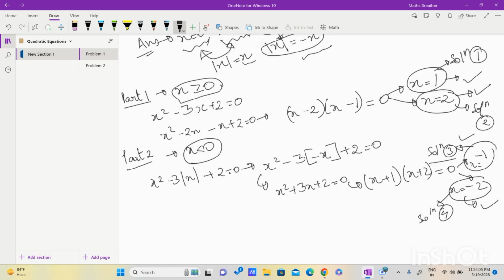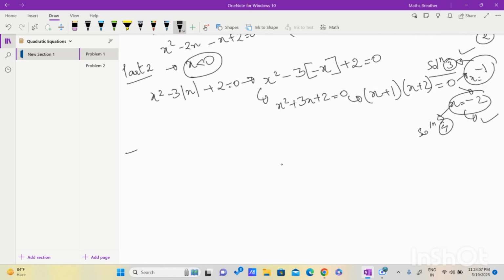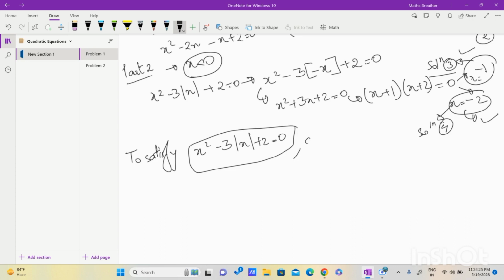So to satisfy x square minus 3 mod x plus 2 equals 0, we can have four values for the variable x.